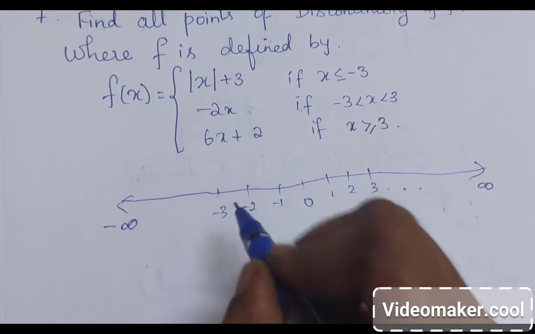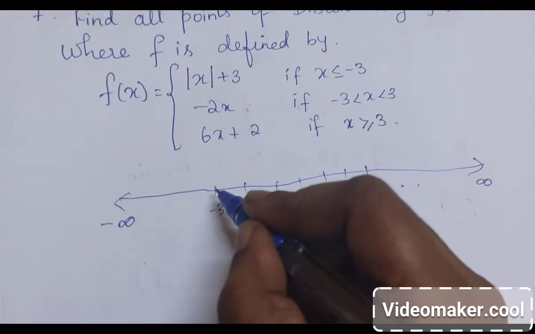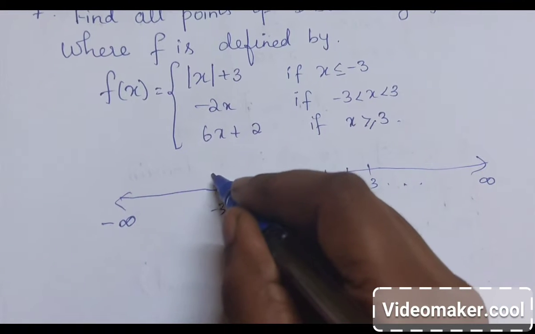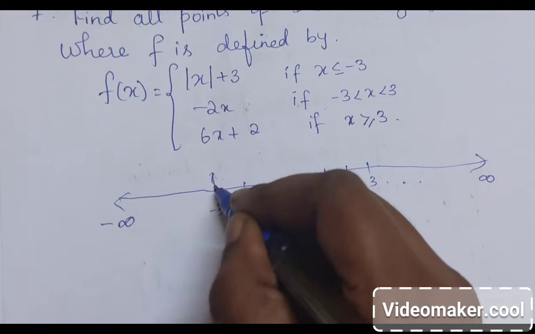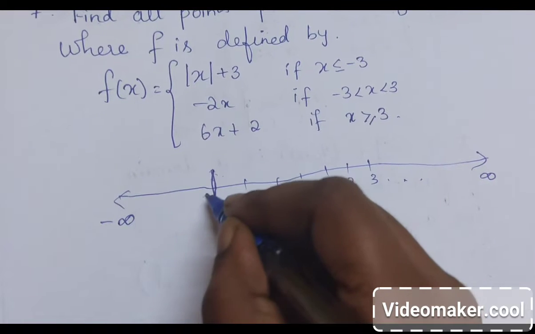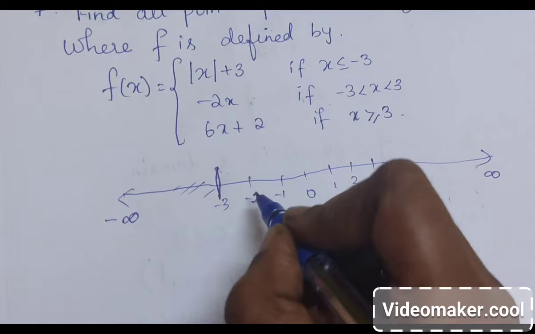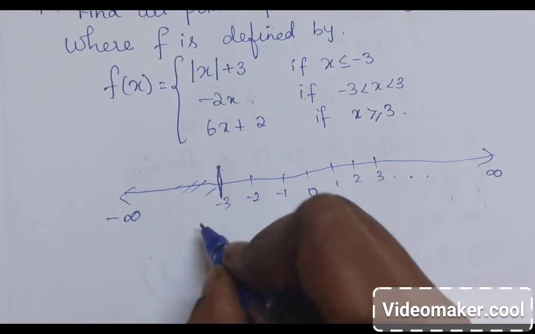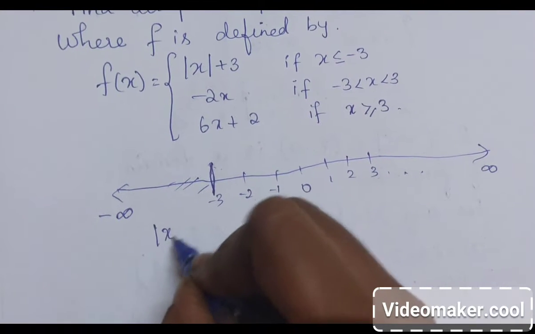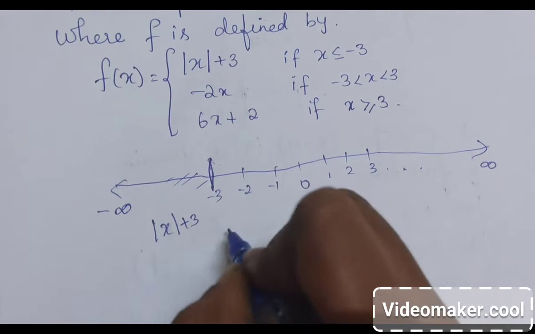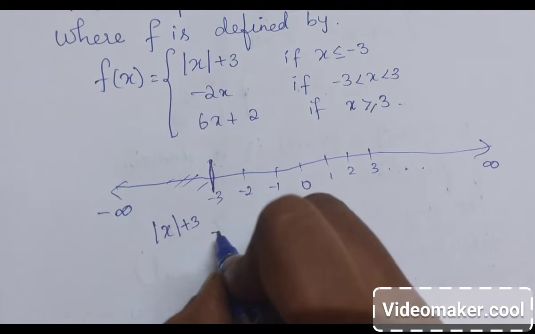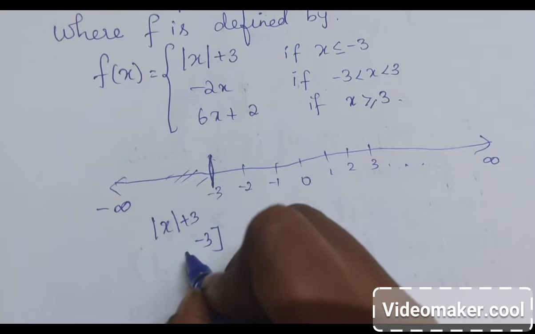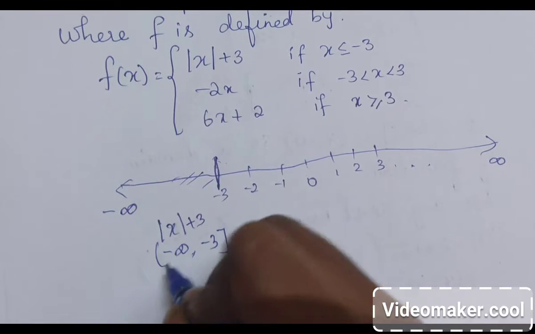When the values of x are less than minus 3 and equal to minus 3, in that case the function is mod x plus 3. This expression can be written as minus 3 comma up to minus infinity.